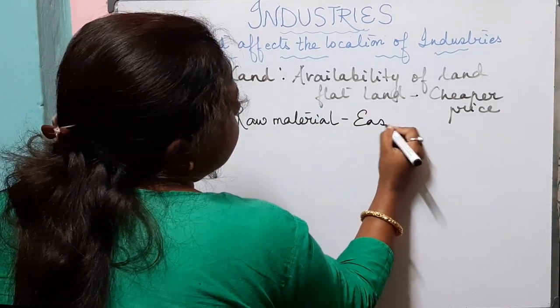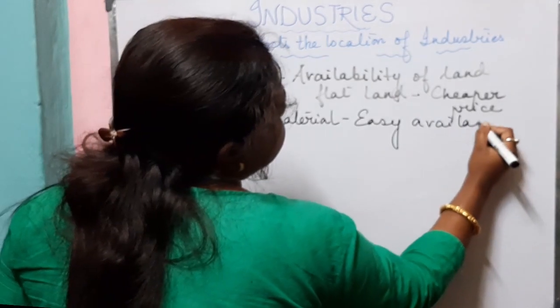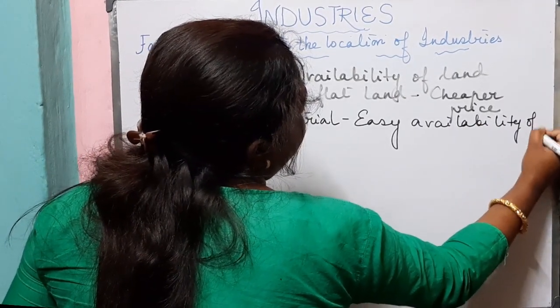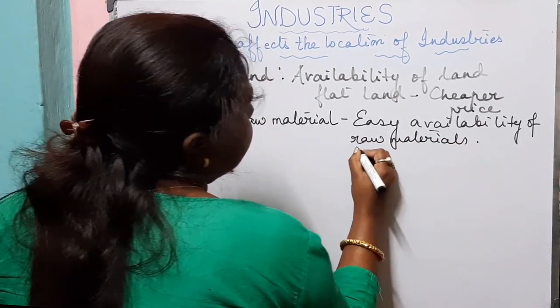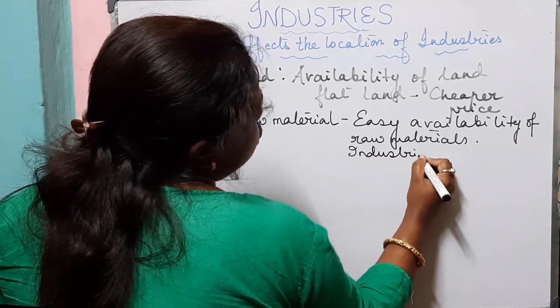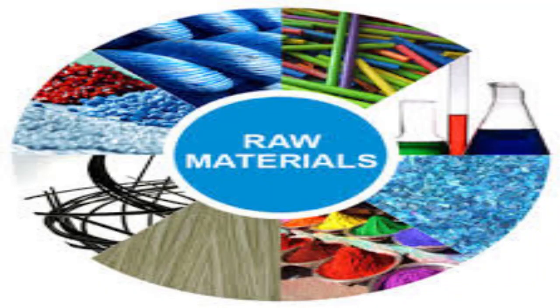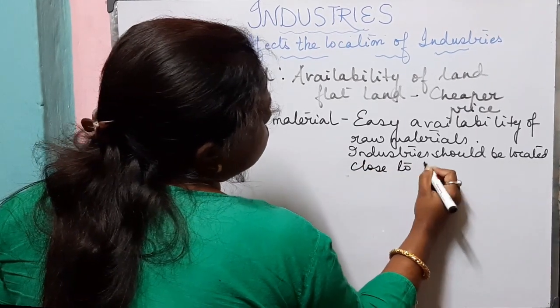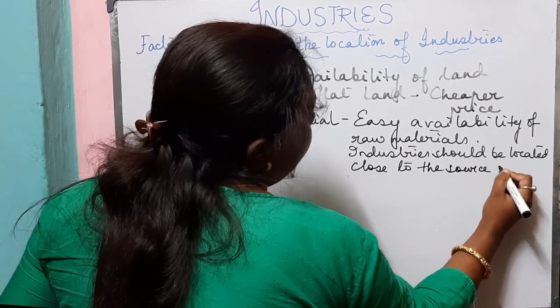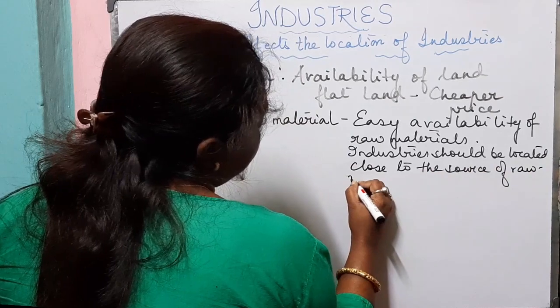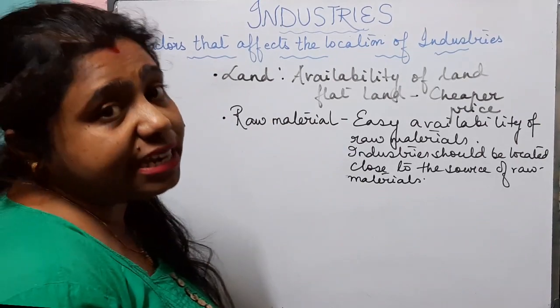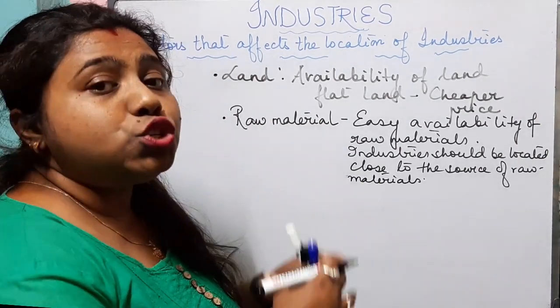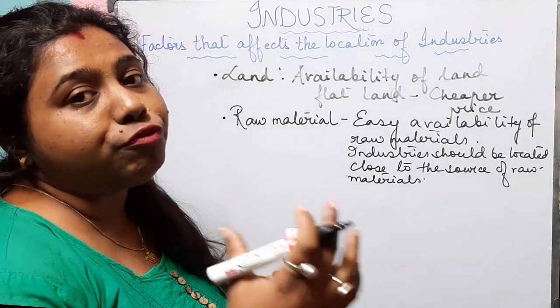So there should be easy availability of raw materials, or we can say that industries should be located close to the source of raw materials, especially for the heavy industries like the iron and steel industry, where it is not possible to carry the bulky raw materials to far distances.